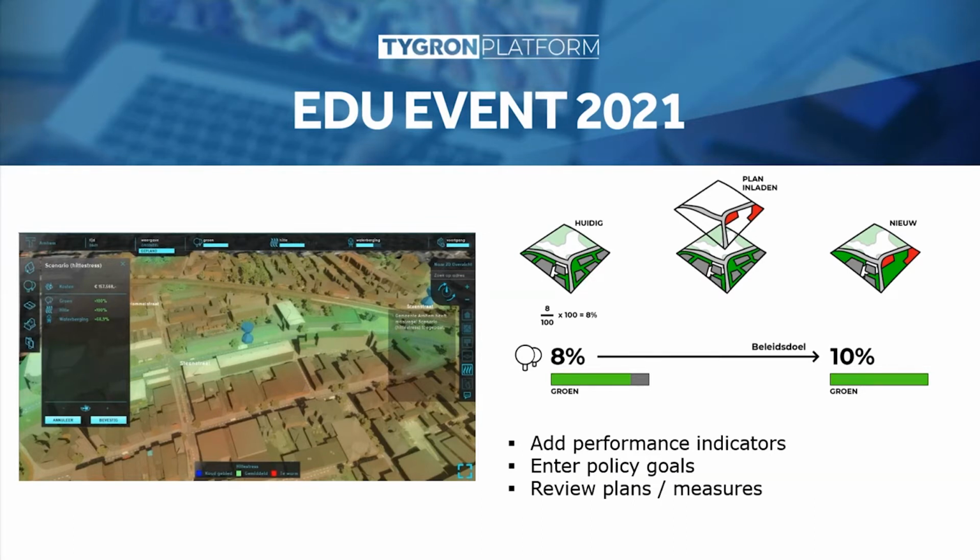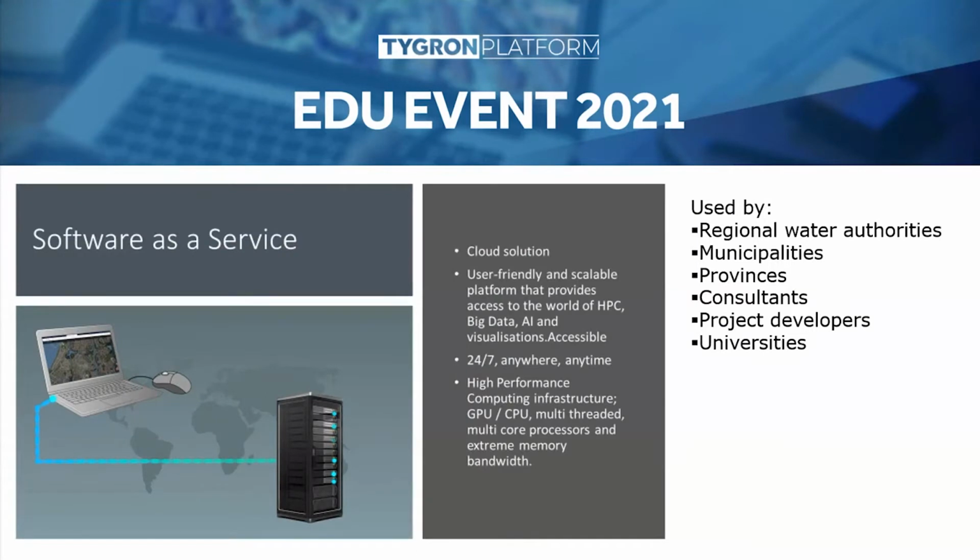How can this be so fast? Well, we have our own supercomputer created that is located here in The Hague, where all these calculations are working on the high performance computing infrastructure that we created.